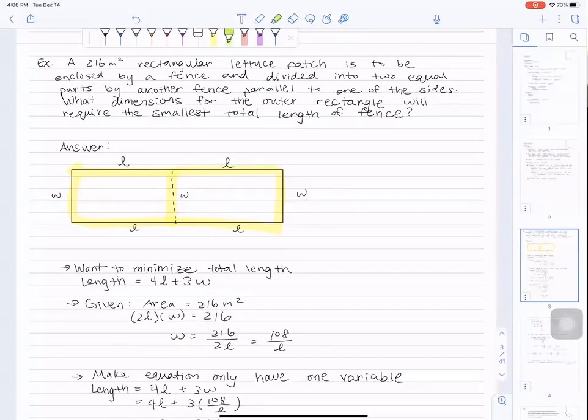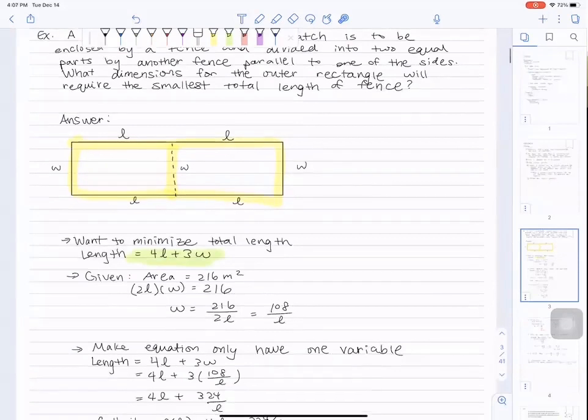But remember, our equation right now is 4L plus 3W, and we only want our equation to have one variable. So how do we get rid of the other variable? Well, we can find out what W is, and that way we can substitute it into our original function so that we only have one variable at the very end. So what is W?